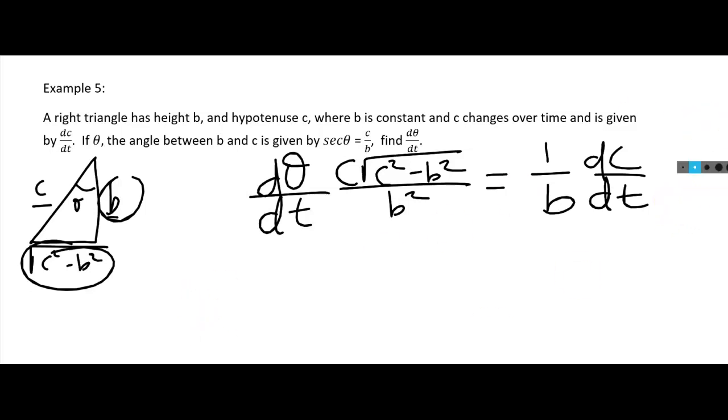Okay, so now the last thing we want to do is figure out what d theta dt is. So I need to get this piece by itself, and the way we're going to do that is by taking this off this side and putting it over here as a reciprocal, right? Multiply both sides by the reciprocal is the rule.